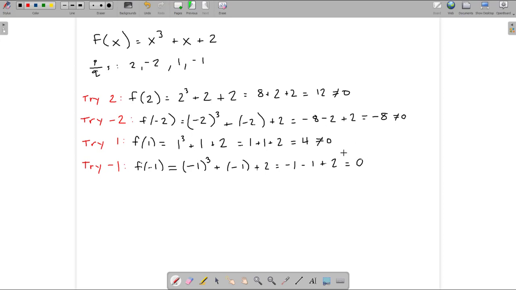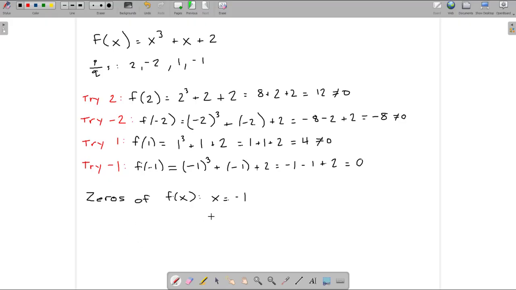So I found one of my zeros here. And I've tried all of the possibilities, so that means that's actually the only zero that I have. Zeros of f of x: the only one is x equals -1.